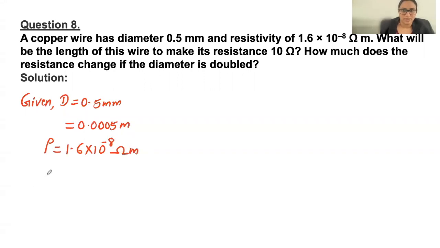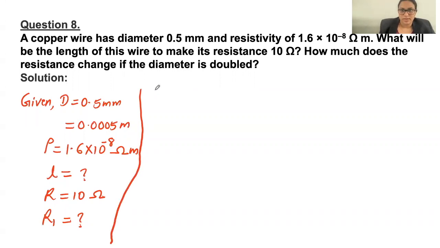And we need to calculate the length here. And resistance value is given, 10 ohm. This is the first part. The second part, how much does the resistance change if the diameter is double? So if diameter is double, let us take that resistance value as R1.